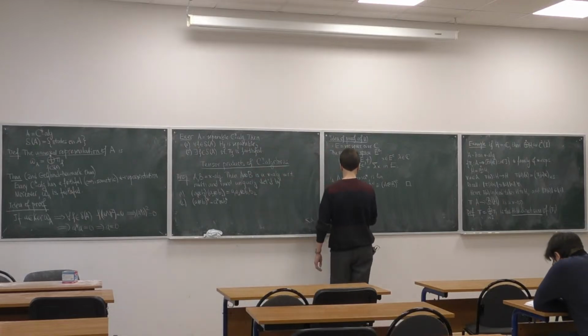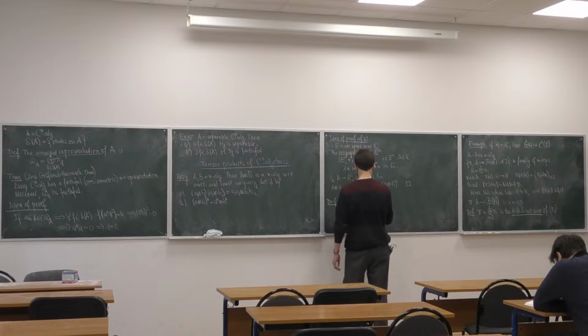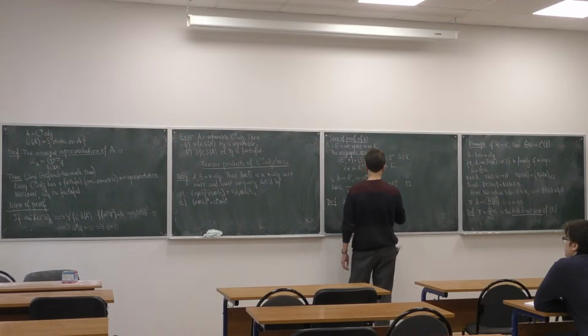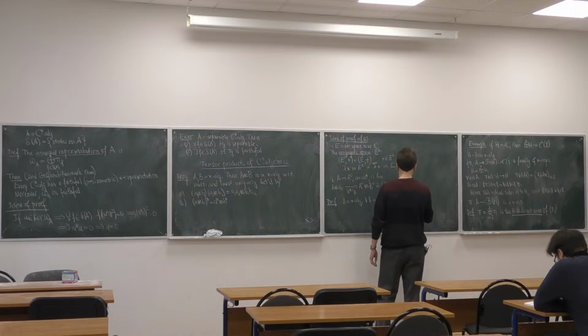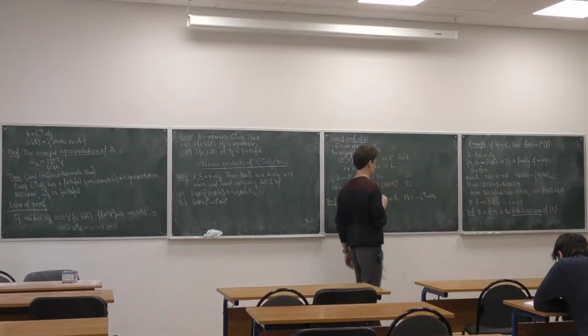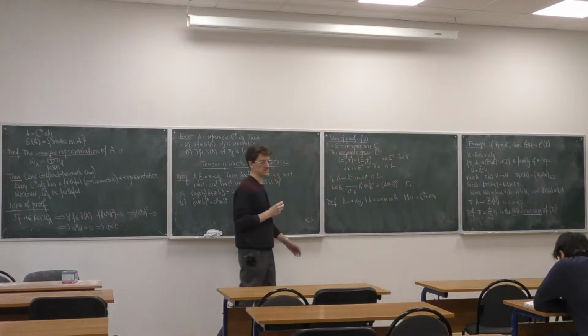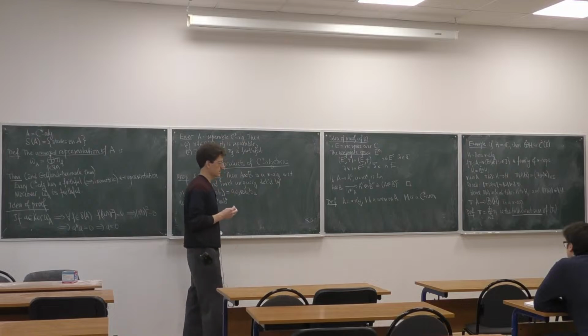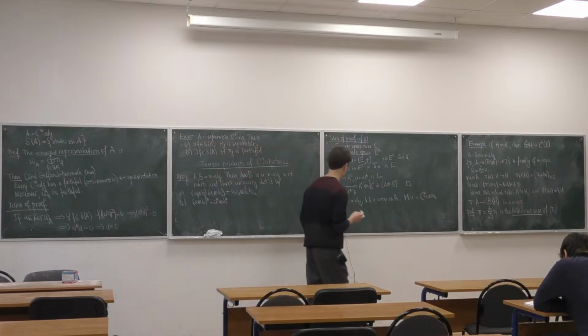Suppose that A is a star algebra, and suppose we have a norm on A. We say that this norm is a C-star norm if it almost makes A into a C-star algebra. The only difference is that A is not assumed to be complete.